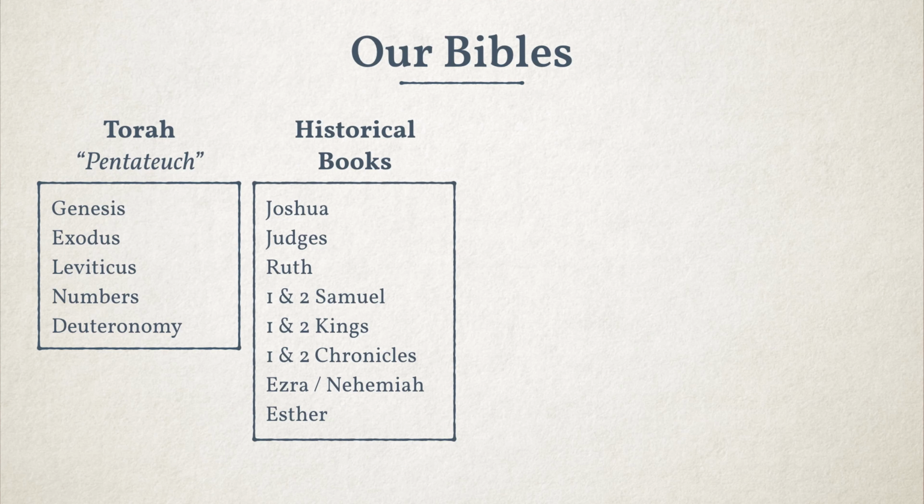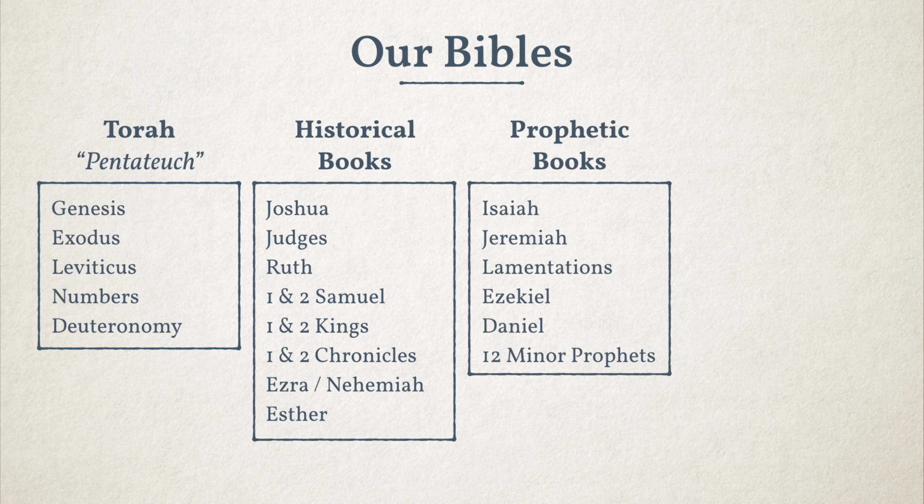Now, the next big section, the one that you're probably pretty familiar with, are the prophetic books. And here we've got the guys like Jeremiah, Isaiah, and Ezekiel, and then all those smaller ones that you probably haven't read, like Obadiah and Nahum and Amos and all of those. Now, for many folks, when we talk about the prophetic books, we're referring to books that were authored by prophets.